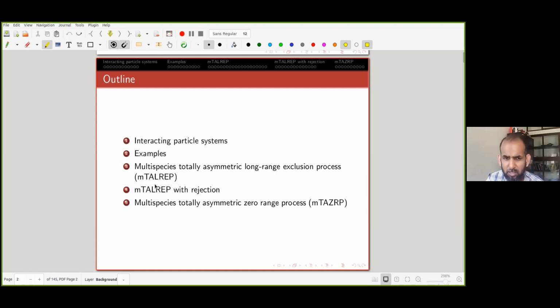Then I want to give a refined version of that, which I will explain is related to Macdonald polynomials. And if I have time, which I very much doubt, I will say something about this multi-species totally asymmetric zero-range process, which are related to the modified Macdonald polynomials.